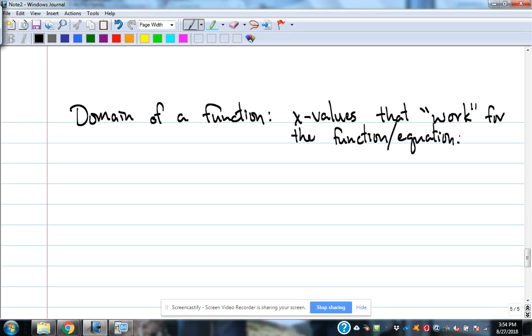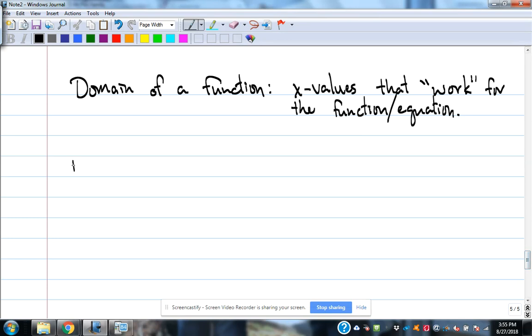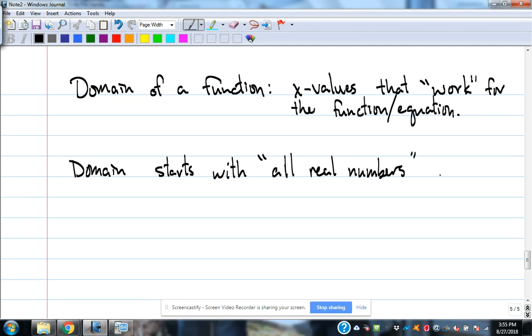Okay. And what I mean by work are the x values that don't cause red flags. Okay. And so by default, domain starts with all real numbers. Negative infinity to positive infinity.